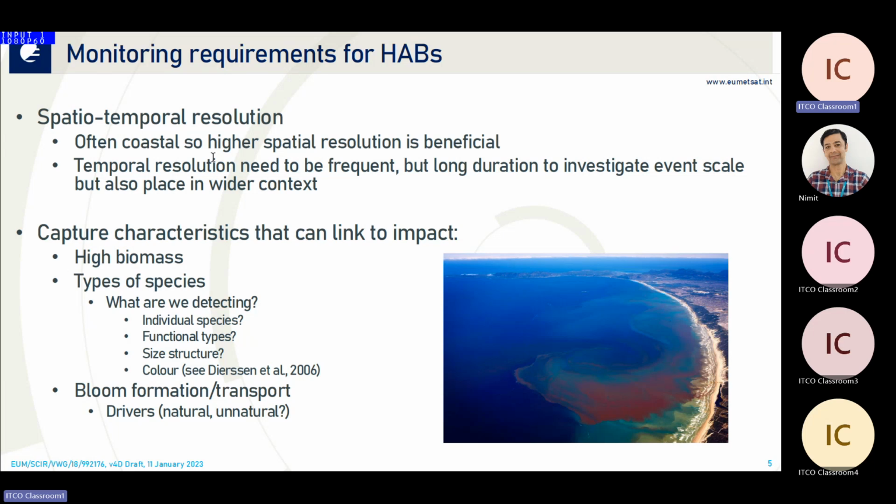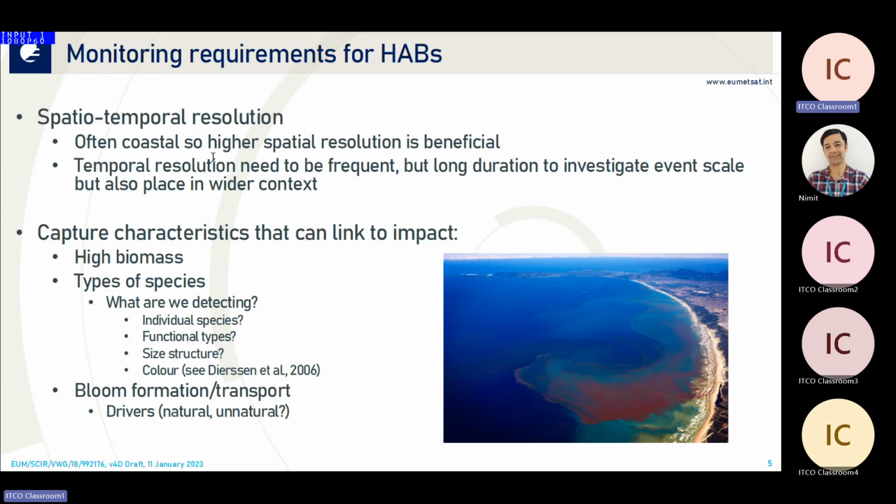So we need information about individual species, about the function of these different species, the size, and of course among all these characteristics, the color is an important one because we have this capacity of distinguishing colors in the water.